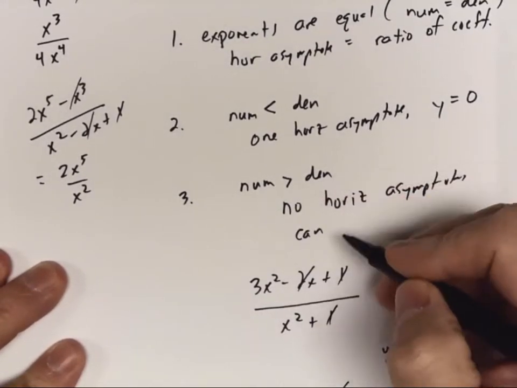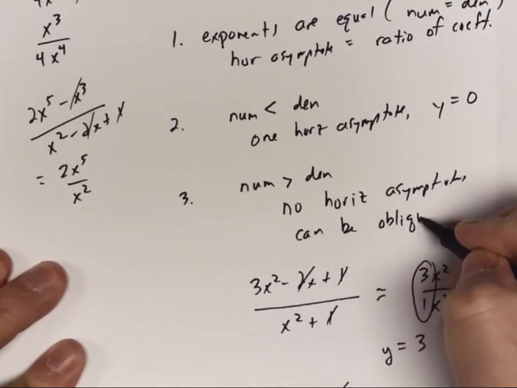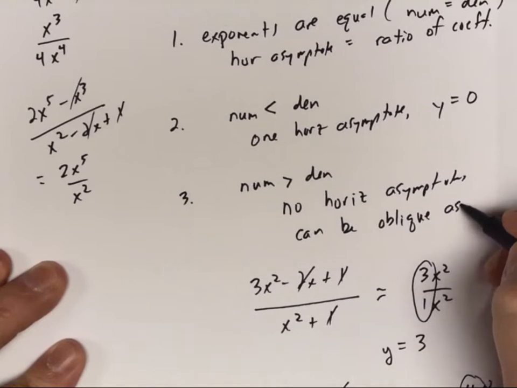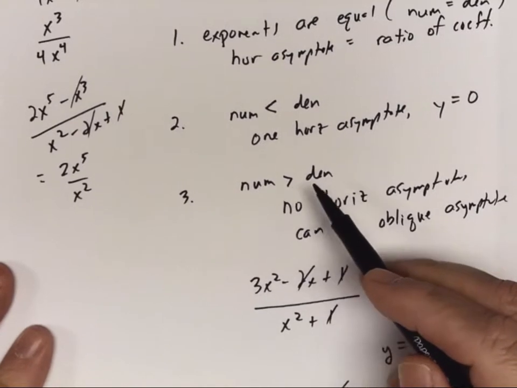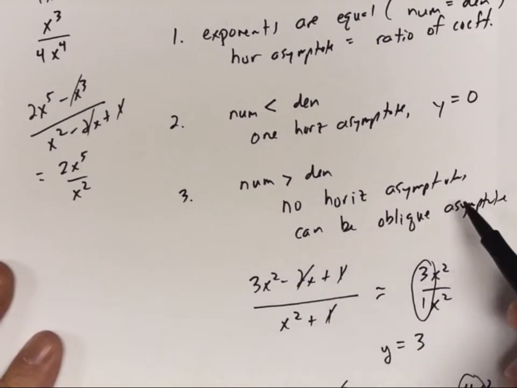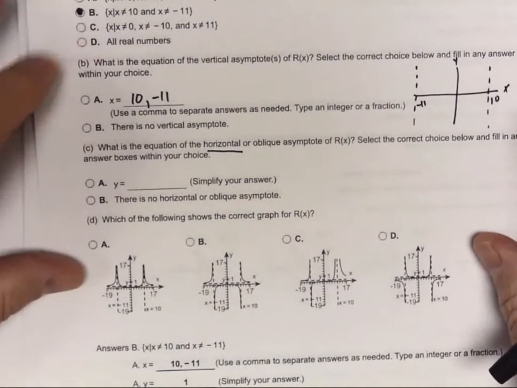But this is a case where there can be oblique asymptotes.